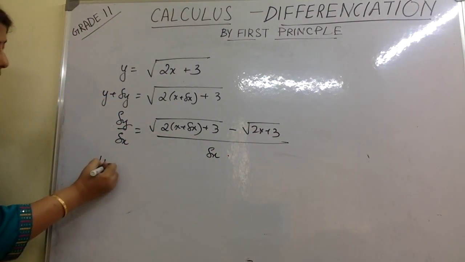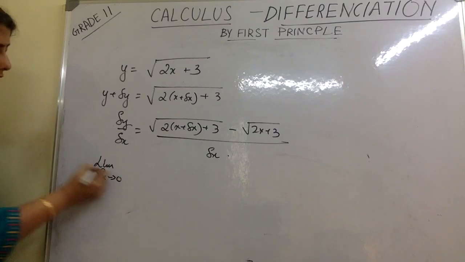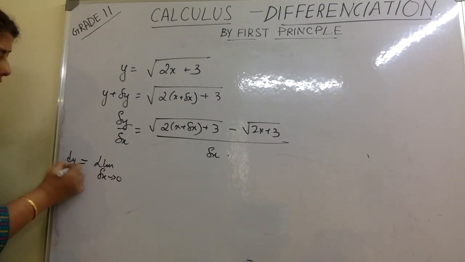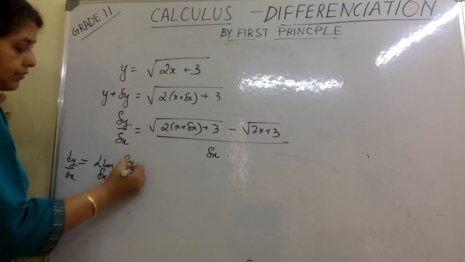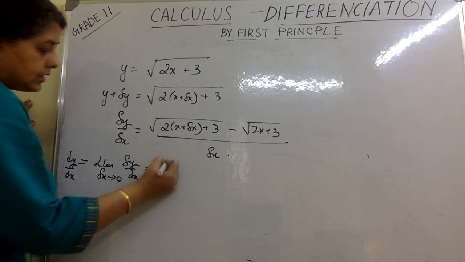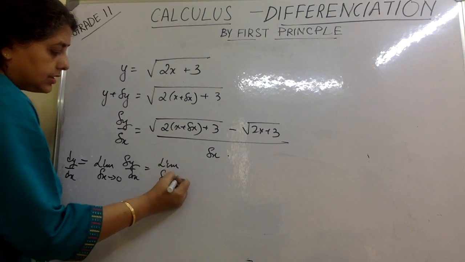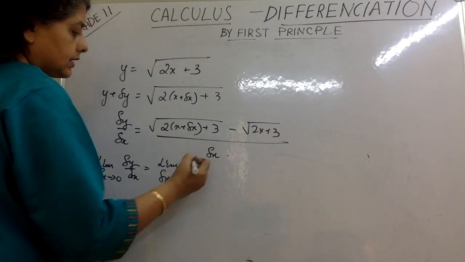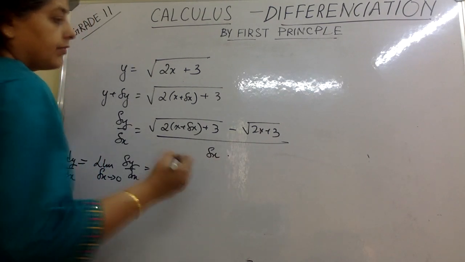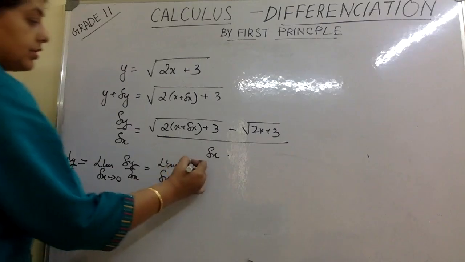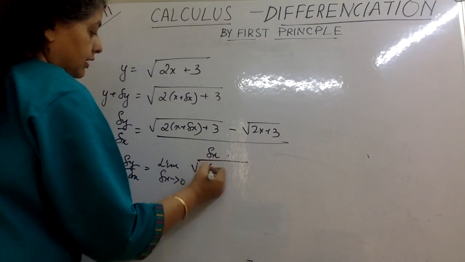Using limit del x tends to 0, this is equal to dy by dx, which is del y by del x, which is equal to limit del x tends to 0, and then we have this full thing where we will now do rationalization. So how do we do the rationalization?